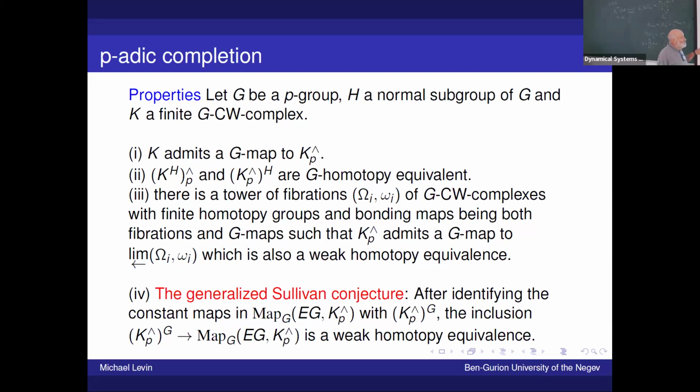The spaces are not the same, but it can be shown that they are G-homotopy equivalent.